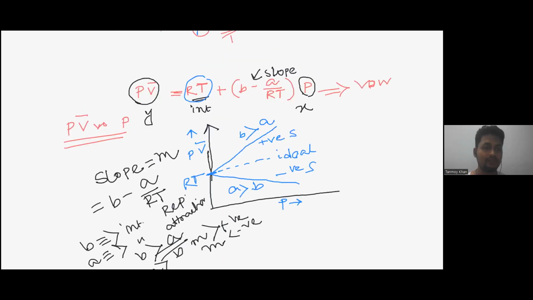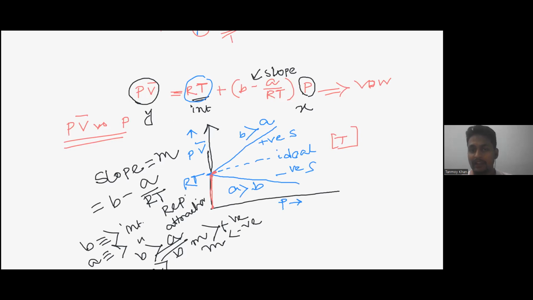Okay, right? And just as a matter of fact, see at very low pressure, at a constant temperature, because this whole plot is at a constant T. Whenever the pressure is less, like pressure is 0, or in the very low pressure region, you may say the PV versus P plot is actually behaving like an ideal one.